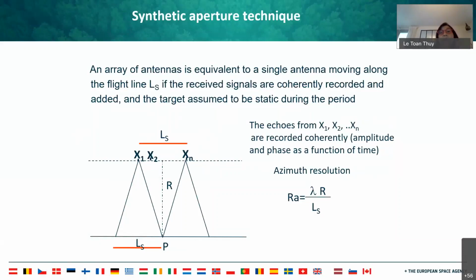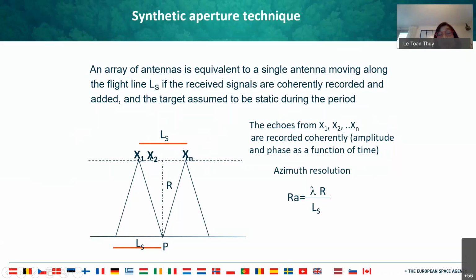And so if all the signals from all the virtual antennas are coherently recorded and added together, and the target is assumed to be static during the period, that is, the target should not move during a fraction of a second, then we simulate a large antenna.